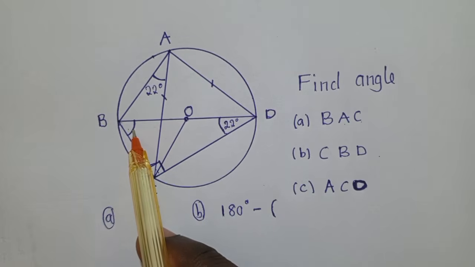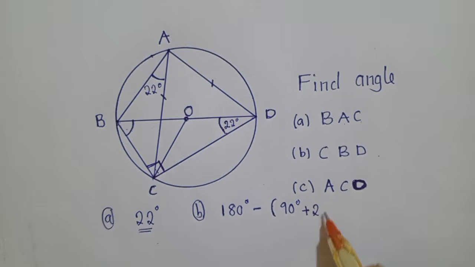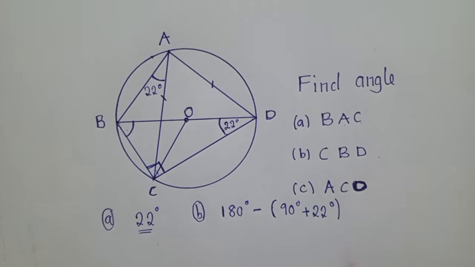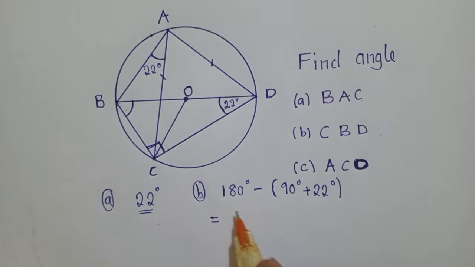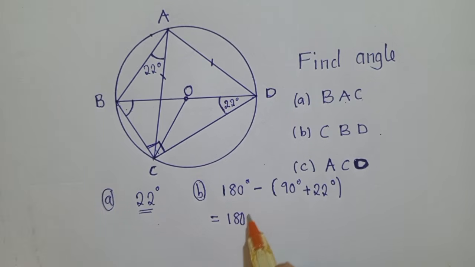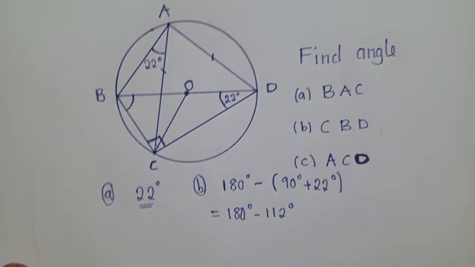It means we've gotten this angle here. So this will be 90 degrees plus 22 degrees. So this is giving us 180 degrees minus 112 degrees when we add these two.